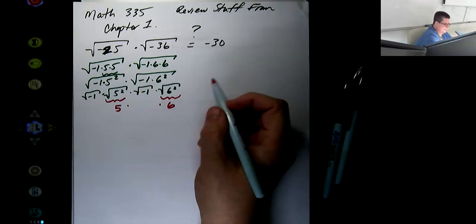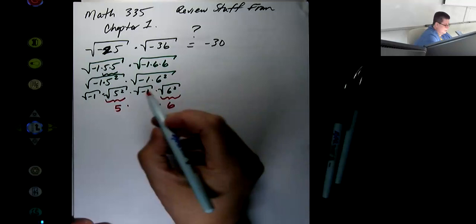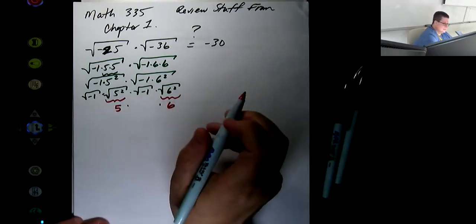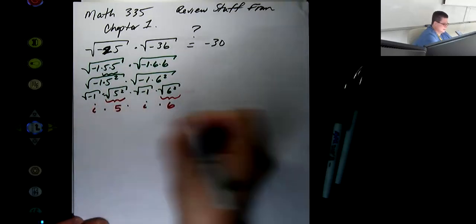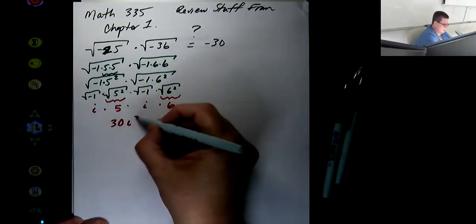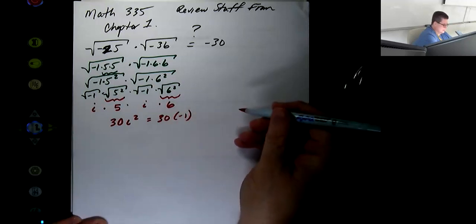What's the square root of negative 1? Square root of positive 1 is just 1. Square root of negative 1 is i. So I have 5 times 6 is 30, and i times i is i squared. I squared, though, is negative 1, because we're doing the square root of negative 1 squared.